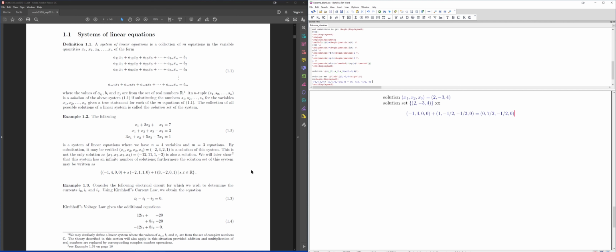Now that was using s is equal to minus a half and t is equal to 0. I can use anything. I can use 1 over here, 0 here, 0 here, 1 here, half here, half there, and all of those would be solutions. So for any value of s and t, I get a solution.